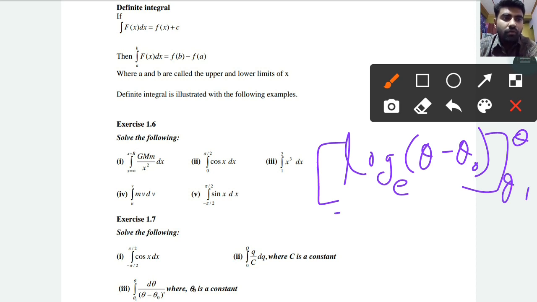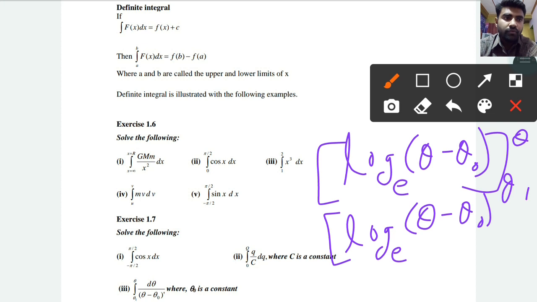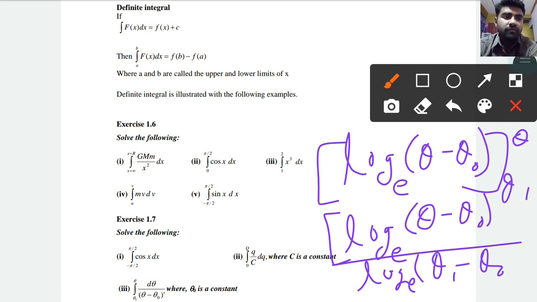So now in log, we know that upper limit minus lower limit, but in log, subtraction is division. So here theta minus theta 0 upon theta 1 minus theta 0, because they are in subtraction, right?